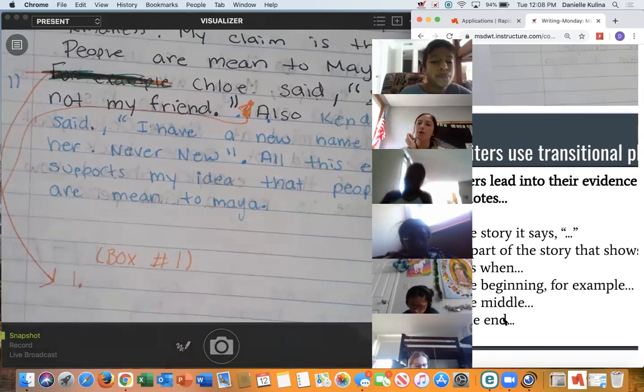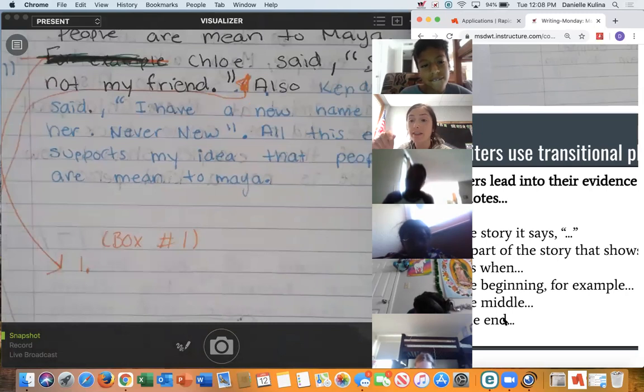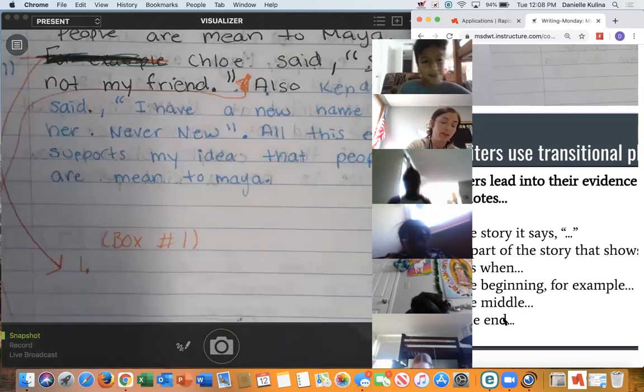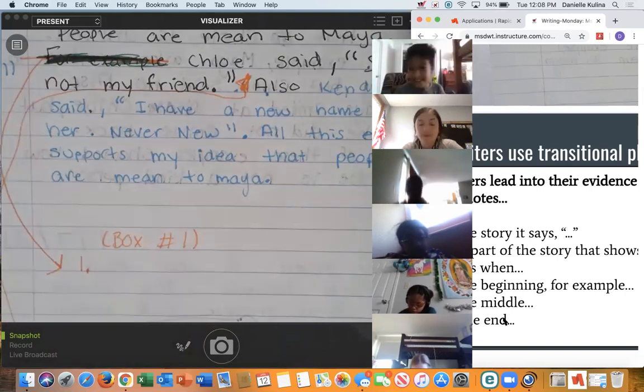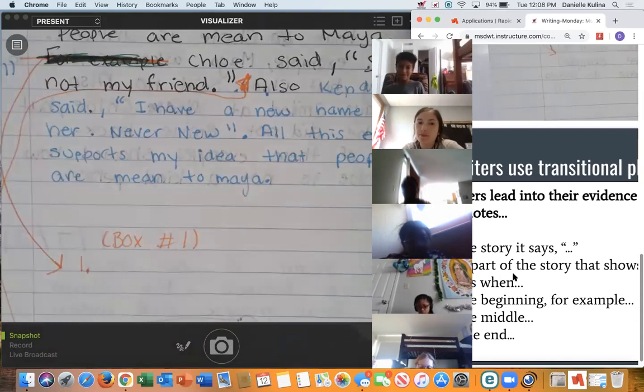Oscar, do you want to share what you wrote? Yes. Okay, what did you write? Now we all should be listening, because especially if you didn't write anything down, you need to be listening. All right, so when I replaced for example yesterday, I looked at not my friend for an example, and I put in the story, Chloe said she's not my friend, by replacing for example with, I said, story says.